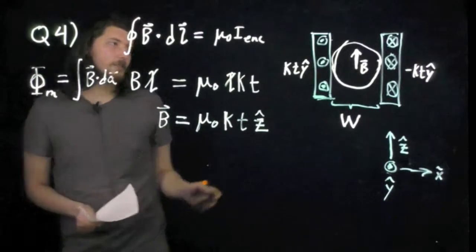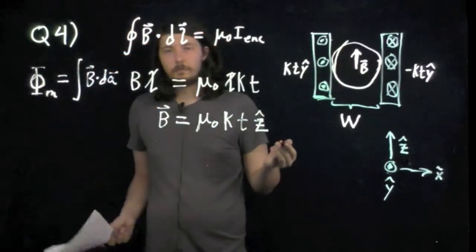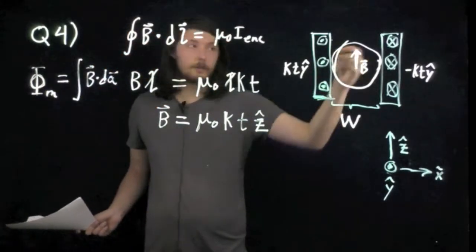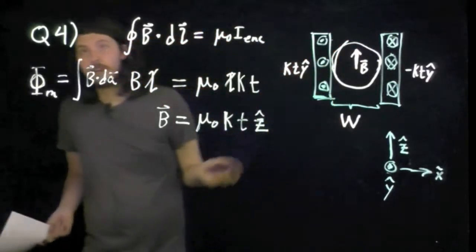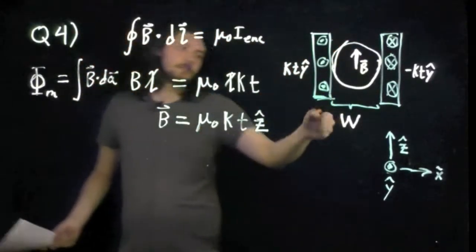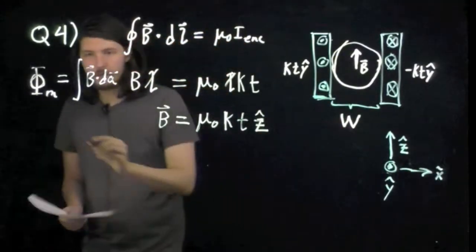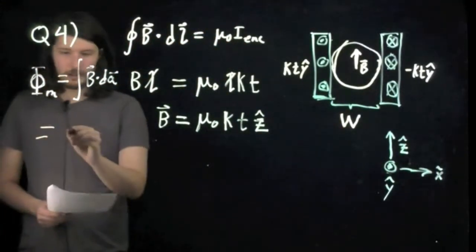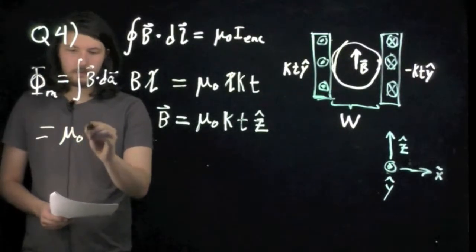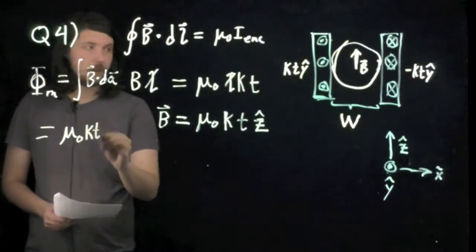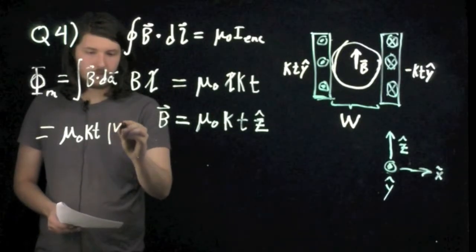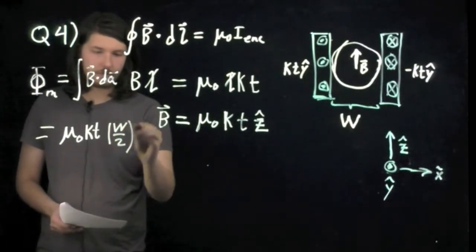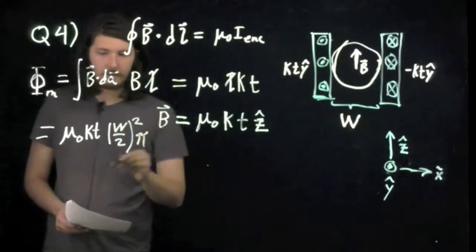So the area of this loop is just pi r squared, but in this case r is just w over 2. So we are left with mu naught K t times pi times w over 2 squared.